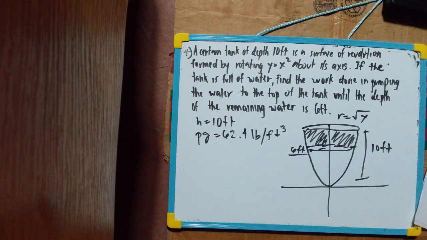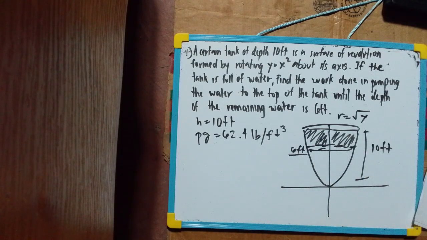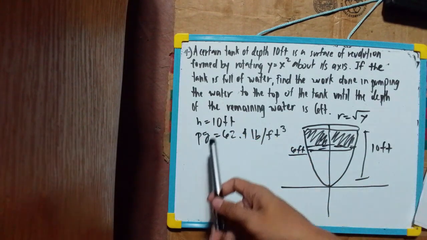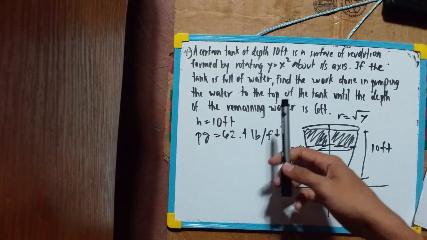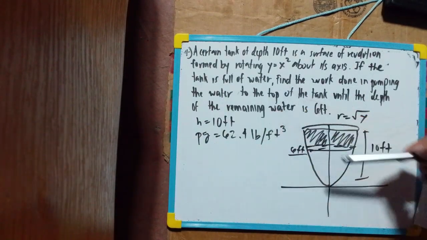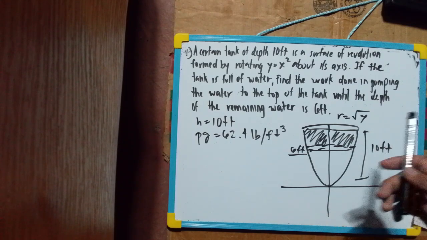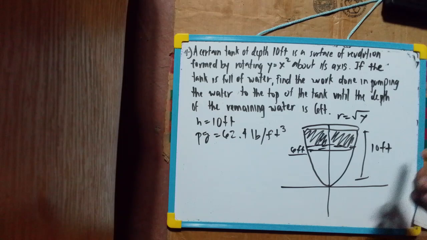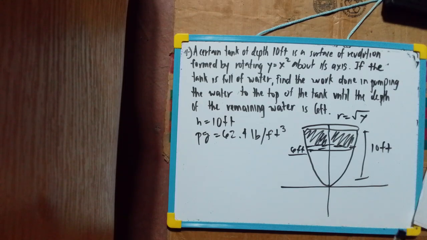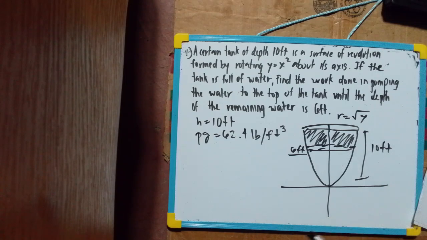Then we're going to find the work done in pumping the water until the depth of the remaining water is 6 feet. So the height of the tank is 10 feet and the surface of revolution is formed by rotating y is equal to x squared. If the tank is full of water, we will find the work done in pumping the water to the top of the tank until the depth of the remaining water is 6 feet.